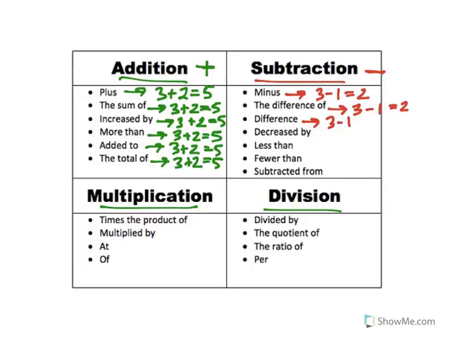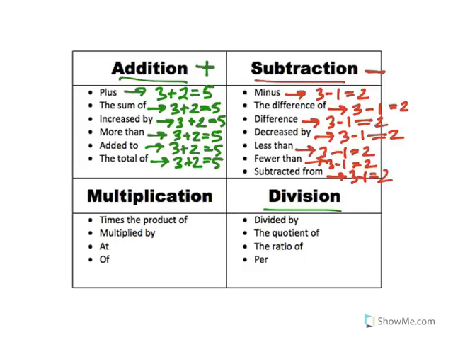When you take the difference of 3 and 1, you get 2. 3 decreased by 1 equals 2. 1 less than 3 is 2. 1 fewer than 3 is 2. Or 1 subtracted from 3 is 2.